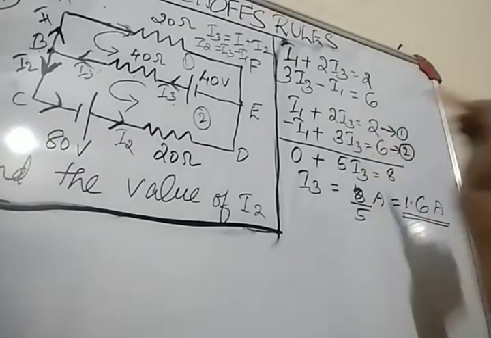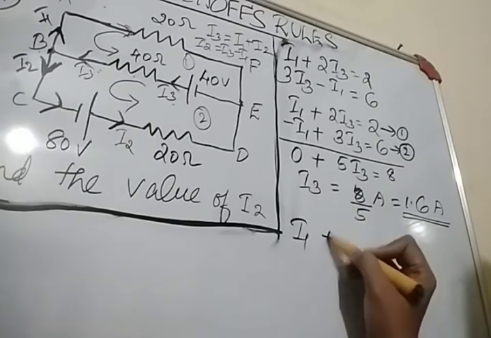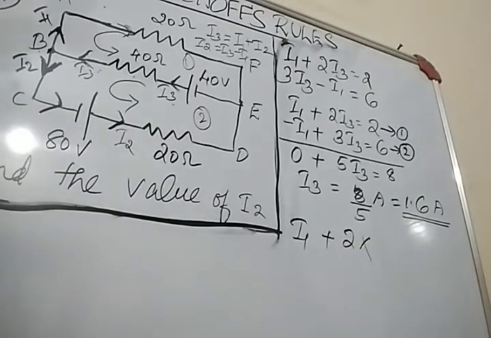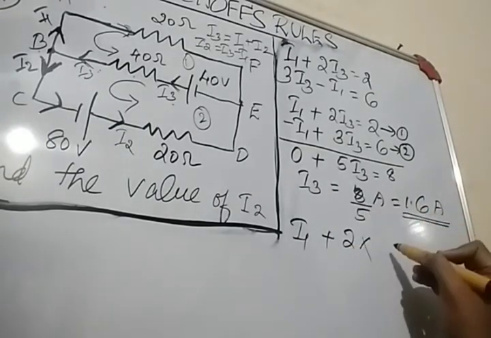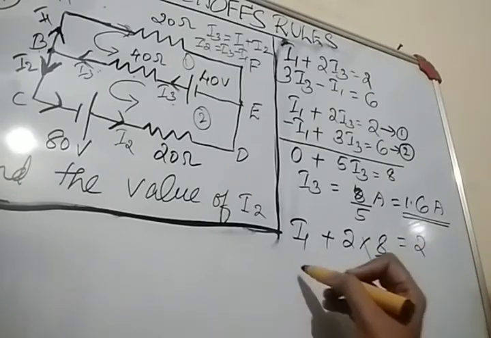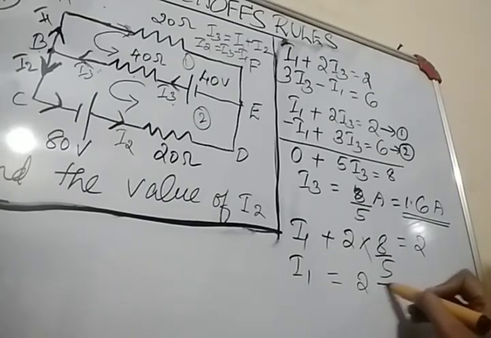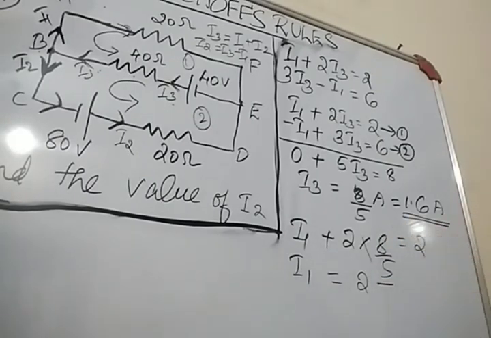Let me substitute the value of I3 in equation number 1. So we will get I1 plus 2 into I3 equal to 2. Instead of decimal, we can just substitute 8 by 5 for I3. So I1 is equal to 2 minus 2 into 8 by 5. What is 2 into 8 by 5?